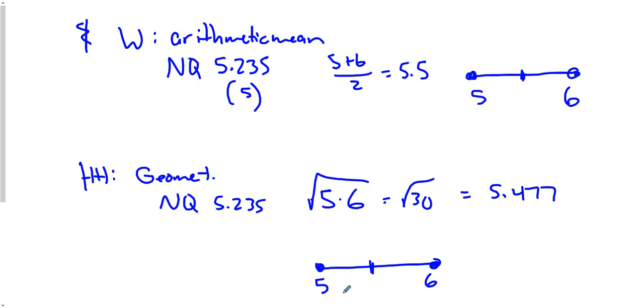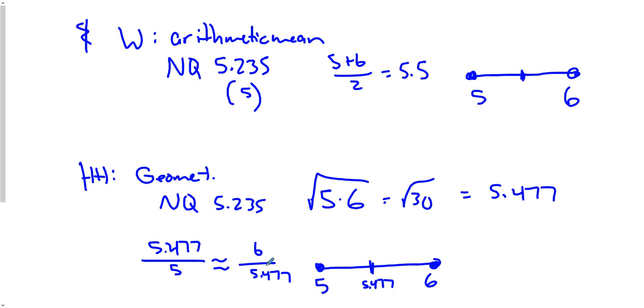Here it's a little bit less, 5.477. So what's the purpose of that point? The purpose of this point is the ratio of growth. 5.477 divided by 5 is approximately equal to 6 divided by 5.477, and you can show that that's actually true.